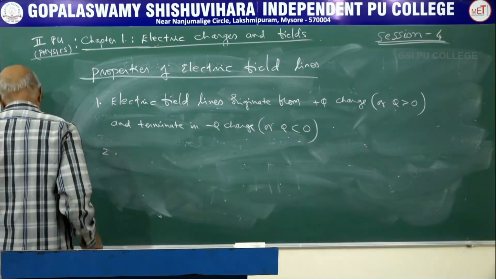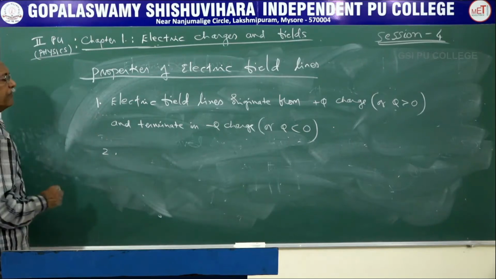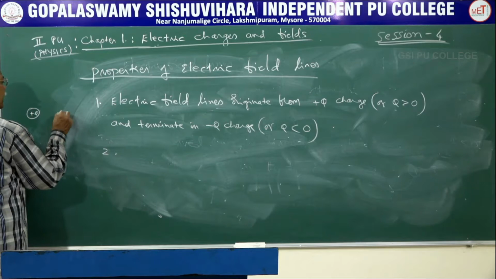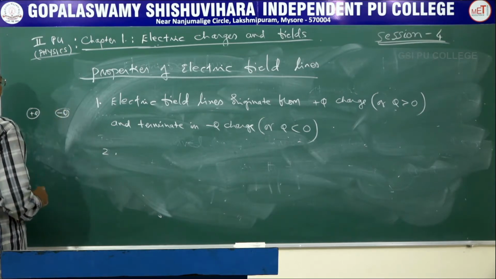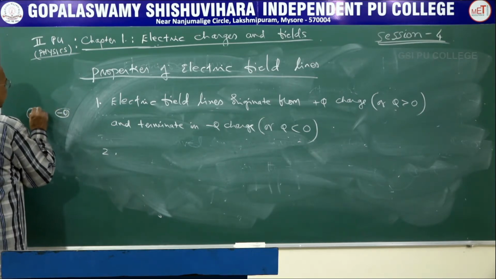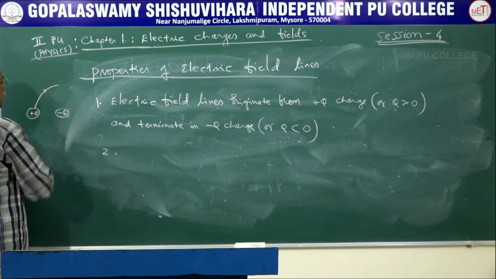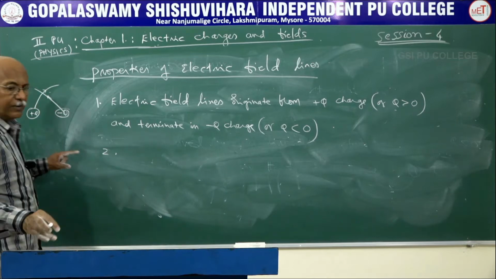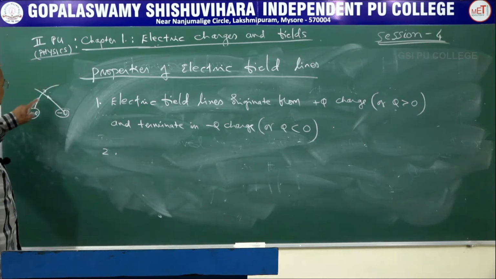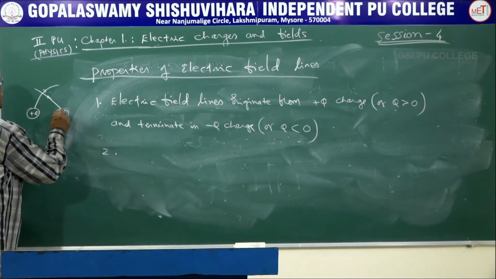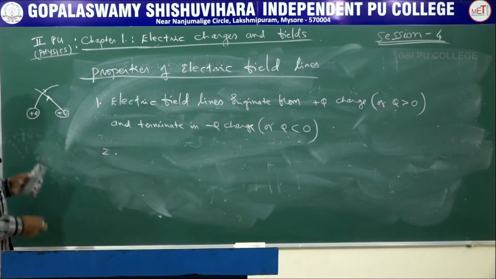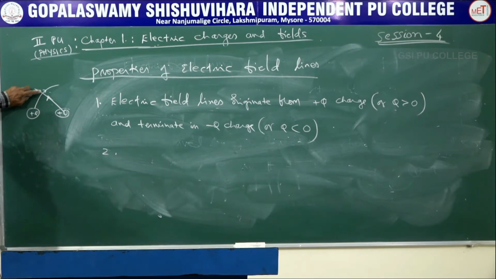Now the second property. Whenever you write the electric field lines, you will remember that if this is plus Q charge, here we have got a minus Q charge. So if this is the direction of electric field, we cannot expect that two electric field lines intersect. If both are plus Q charge, and the electric field lines are moving along this direction, it is impossible to have two electric field lines intersecting.